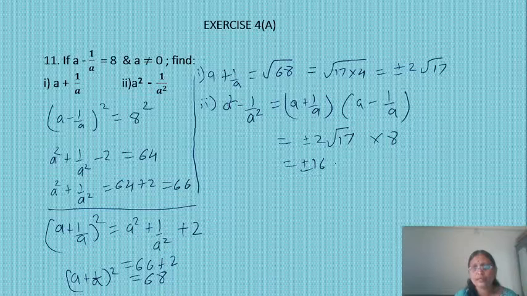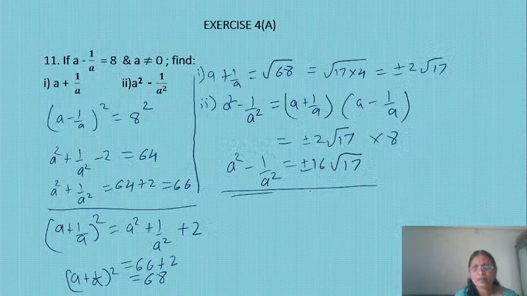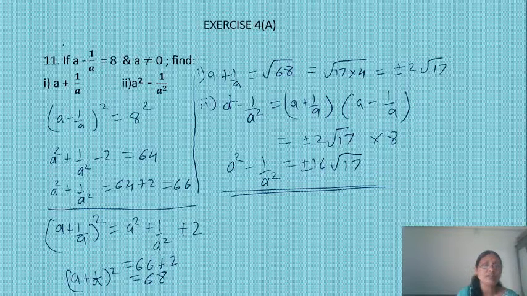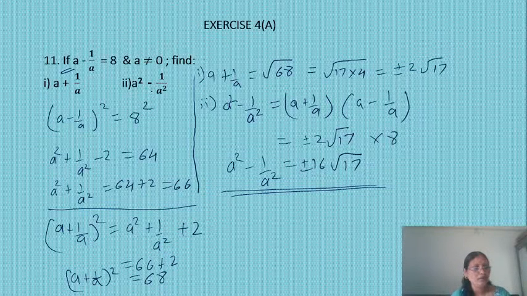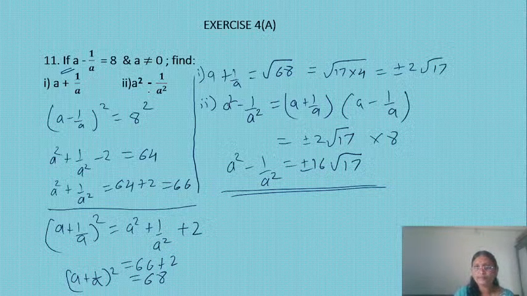So plus or minus 16 root 17 is the value of a square minus 1 upon a square. So what is important? Starting with what is given, start squaring this. So you get a square plus 1 upon a square. This you will be using to get a plus 1 upon a. Once you get a plus 1 upon a and a minus 1 upon a, simply multiplying that, you get a square minus 1 upon a square. Okay, let's move on to the next question.